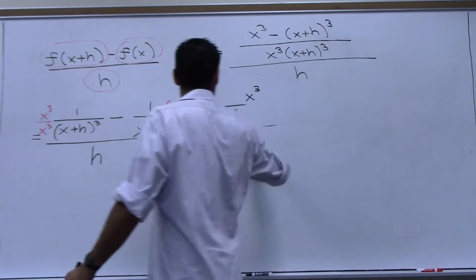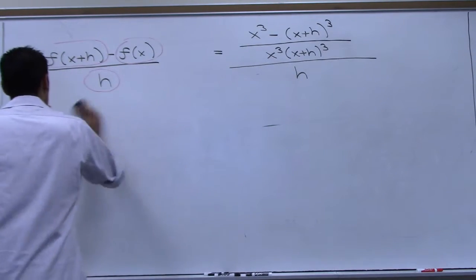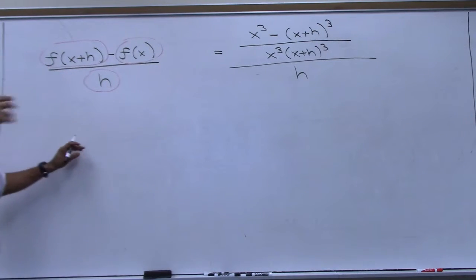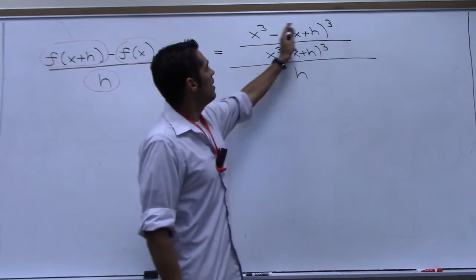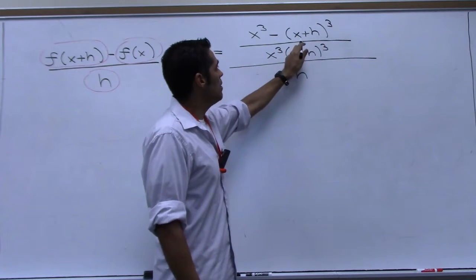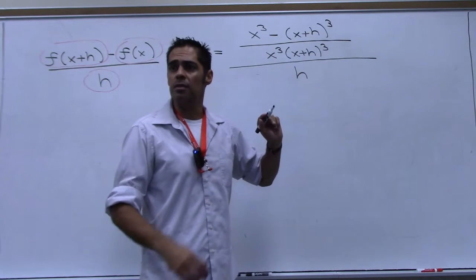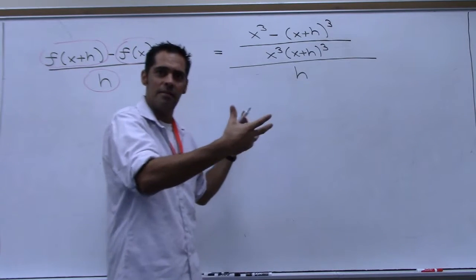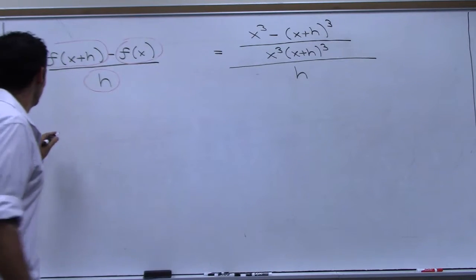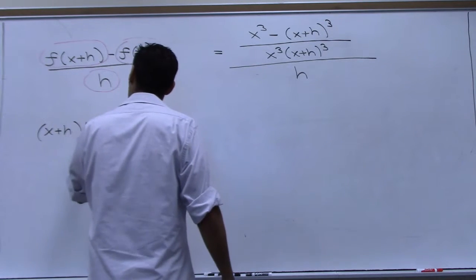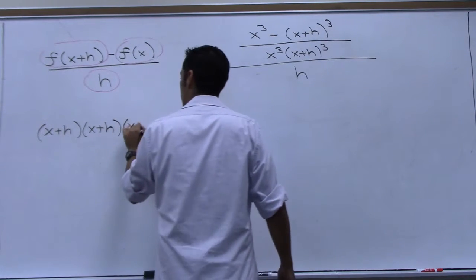All right, next step is to see if there's a way we can get that h to cancel. We still don't have anything obvious. Maybe what we can do is try and clean up this numerator. And to do that, why don't we actually expand x plus h times x plus h times x plus h? Yeah? That sound like fun? No. x plus h times x plus h times x plus h.